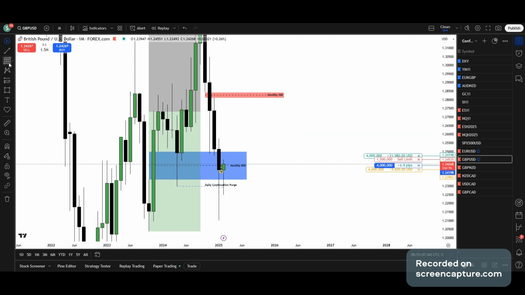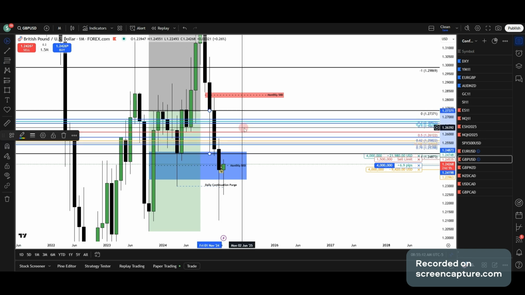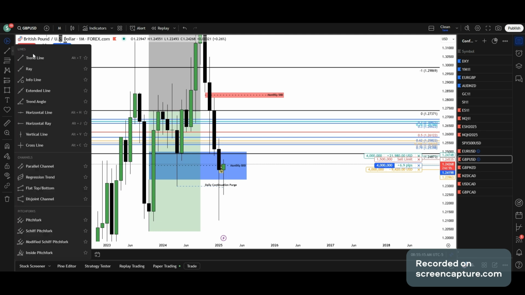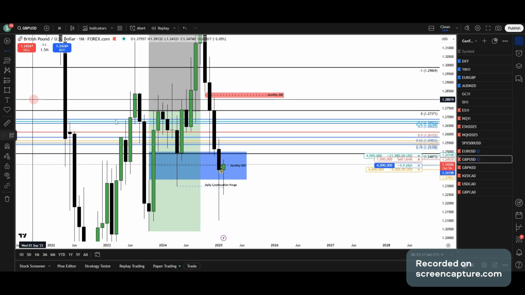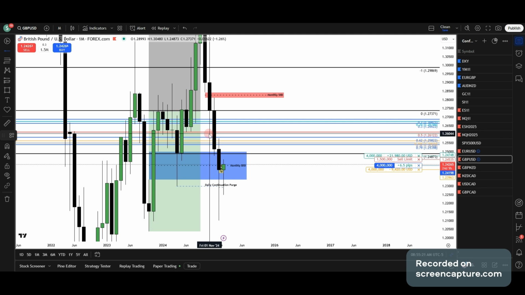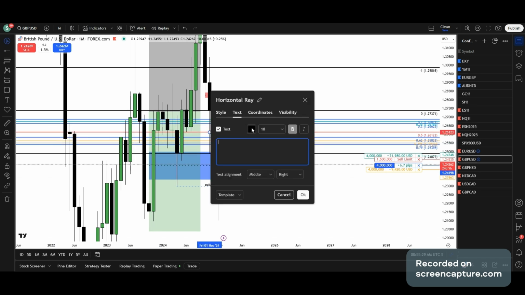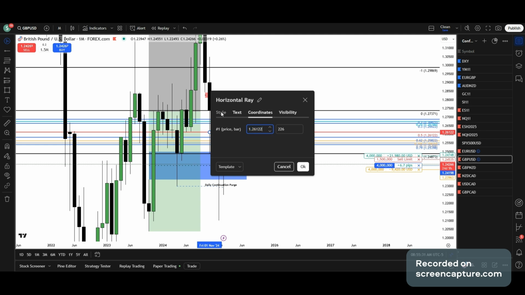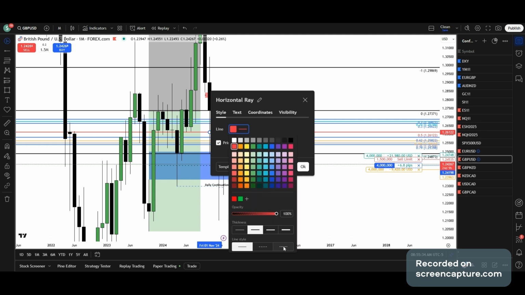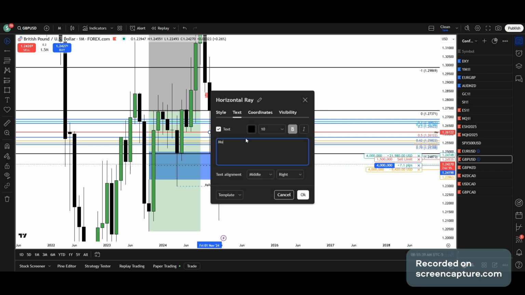Another level that I have my eye on is the consequent encroachment of this monthly wick, 2.6122. And that's a monthly premium wick consequent encroachment.